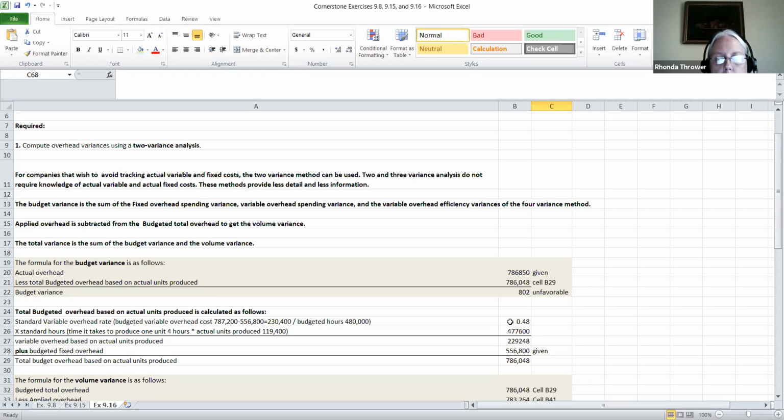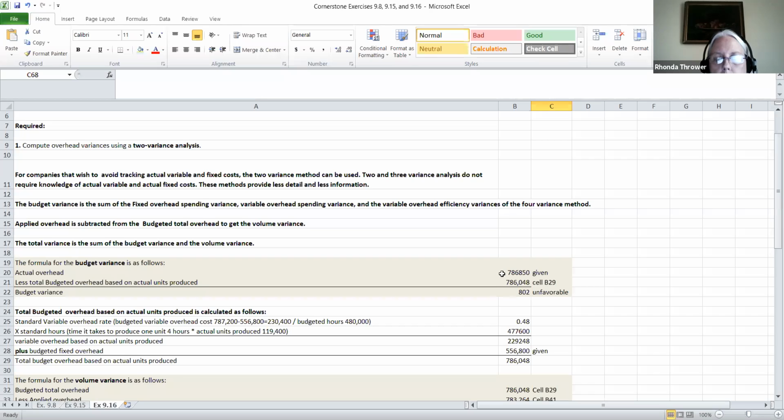We're going to multiply the 48-cent standard variable overhead rate times the standard hours to get the variable overhead that is based on the actual units produced. Then we're going to add back our fixed overhead to our variable overhead to get the total budget overhead. And this total budget overhead is substituted into this formula right here.